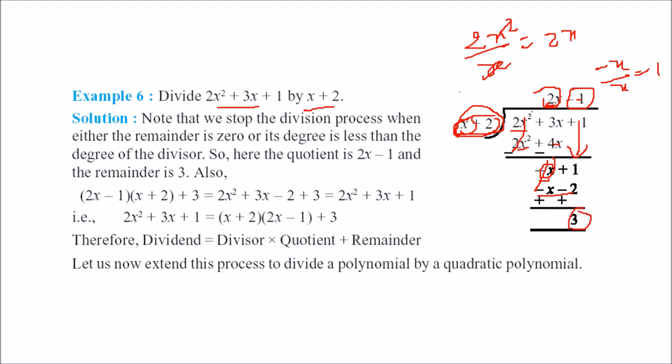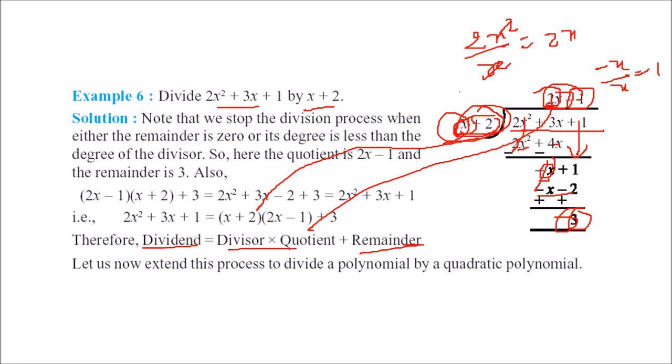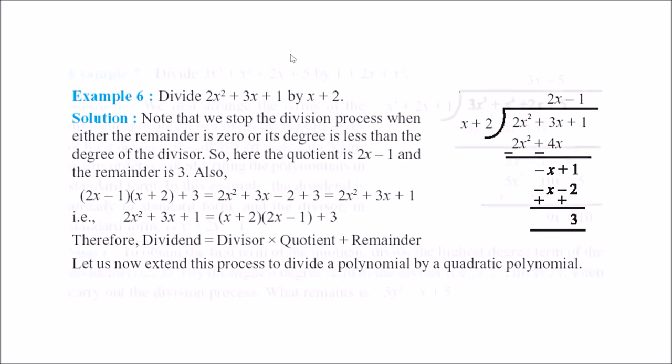Now you cannot go ahead. So 2x square plus 3x plus 1, this is the dividend, can be written as divisor times quotient, plus the remainder.